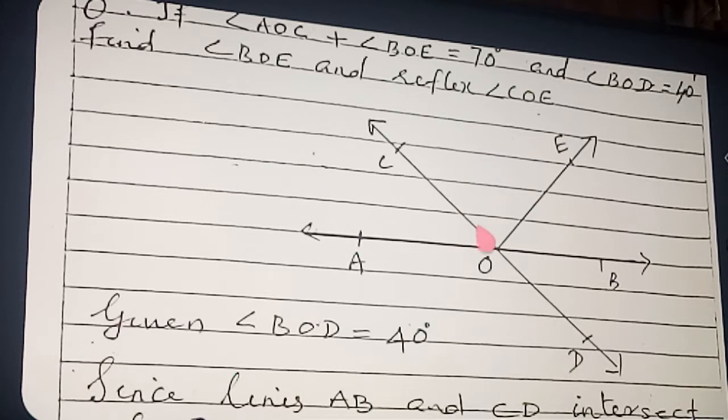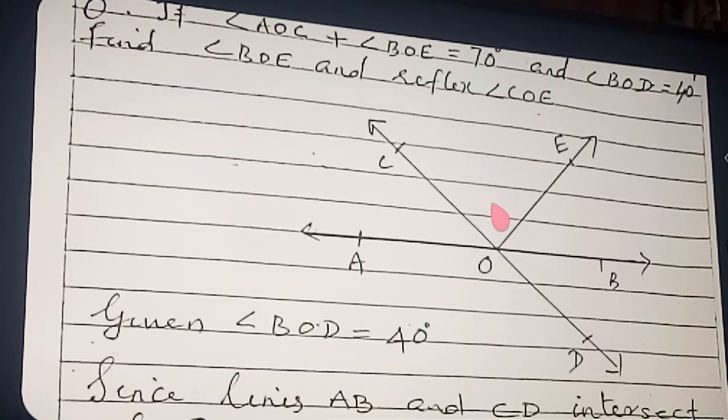If all three angles form a line, the total sum of this angle plus this angle plus this angle is 180. Clear? And AOC plus BOE is already known as 70. Then COE will be 180 minus 70, which is 110. If you get COE, you can find the reflex angle.